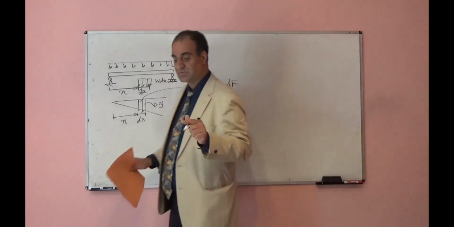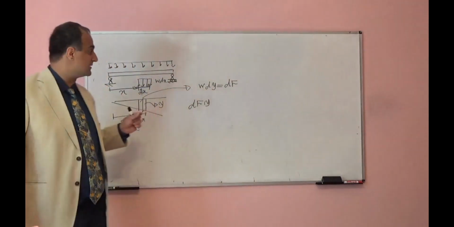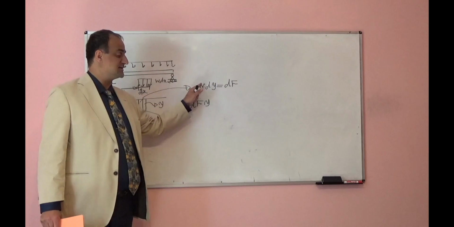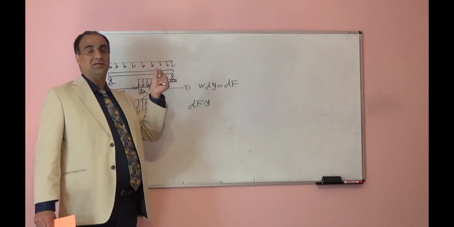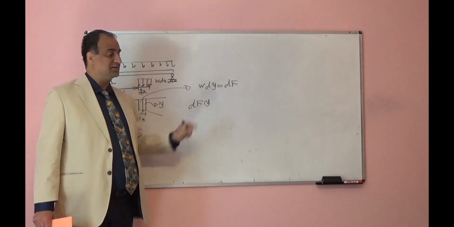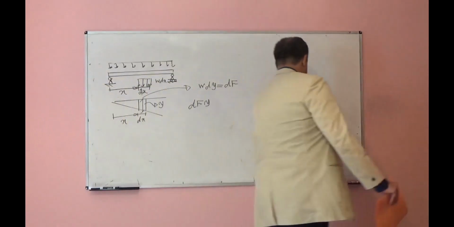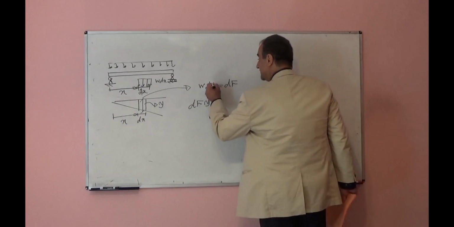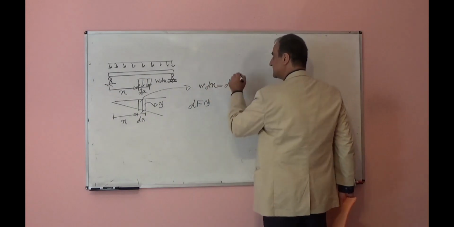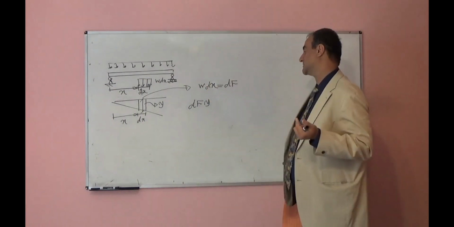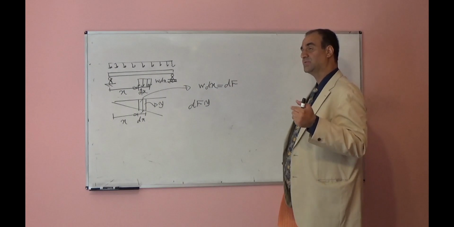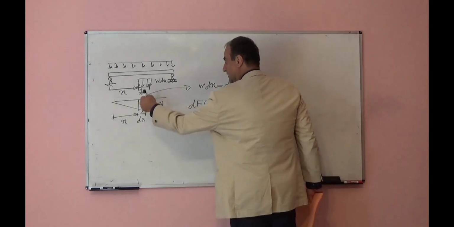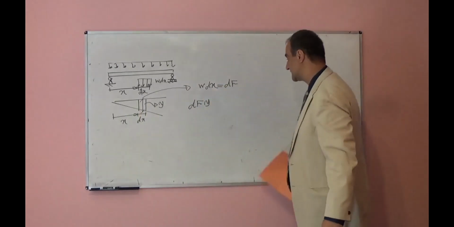A distributed load in a small element will produce a concentrated load, because the intensity of load times the very small element length, which is dx, will be dF, the small force in that element like a concentrated load. If I want to find the magnitude, I should multiply that concentrated load by the height on the influence line.